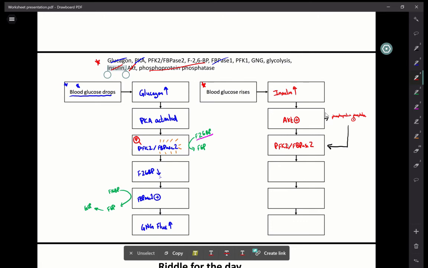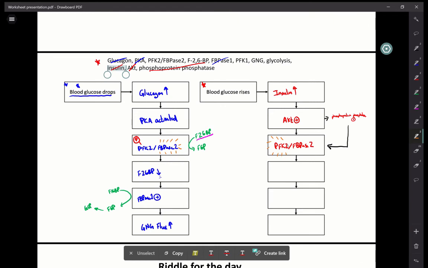That's what phosphatases do. Phosphatases dephosphorylate things, okay? And so I'll just leave off the phosphate, and what we're going to say is that when it's dephosphorylated, it becomes active.